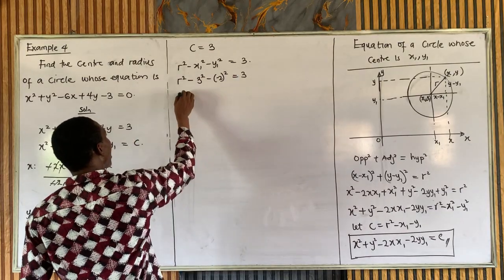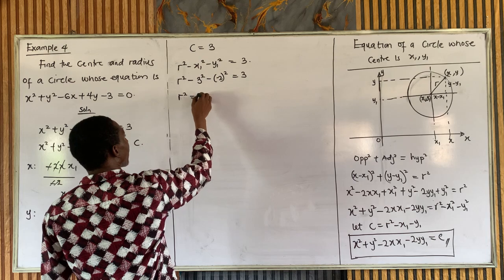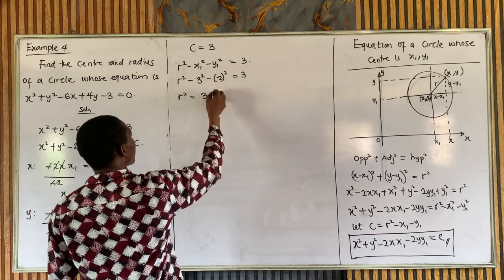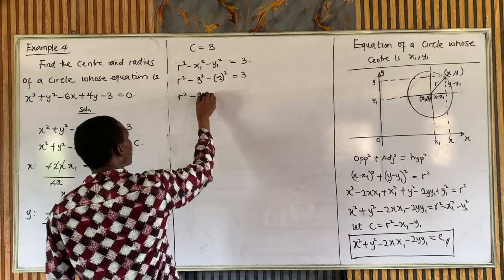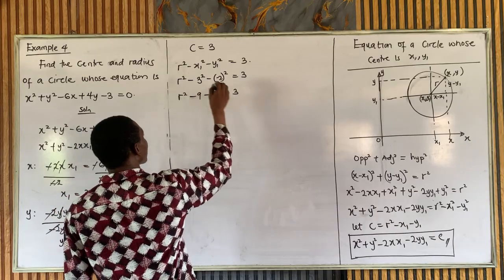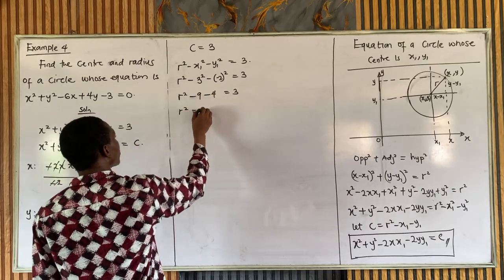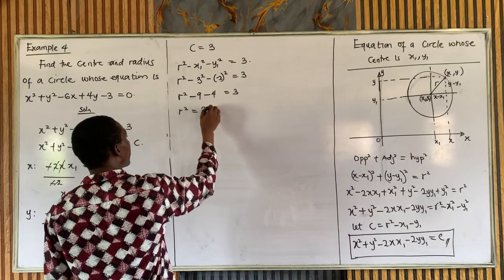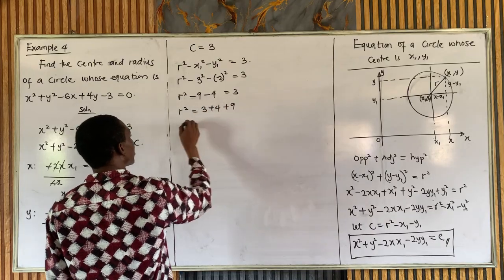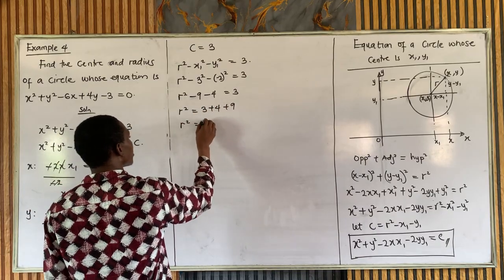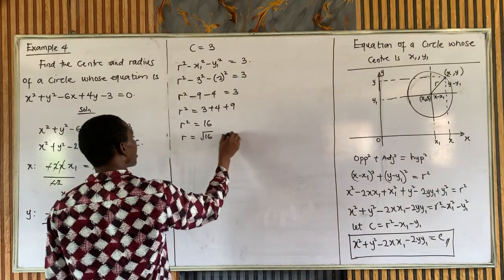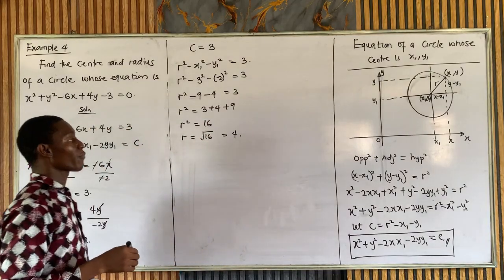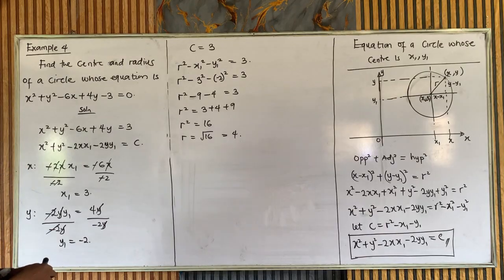So we can say r squared minus 9 minus 4 is equal to 3. This will be r squared is equal to 3 plus 4 plus 9. That gives us r squared is equal to 16. And then r is the square root of 16, and that's 4. And so we've gotten our r and our x1 and y1.